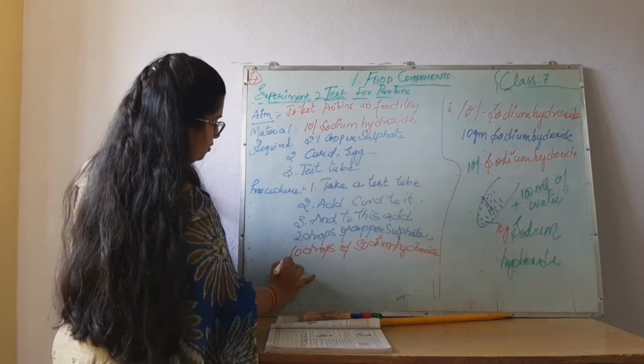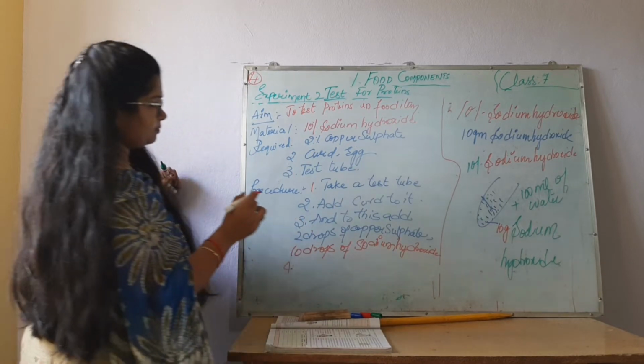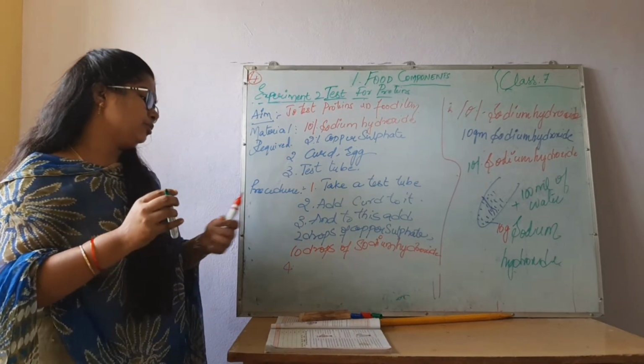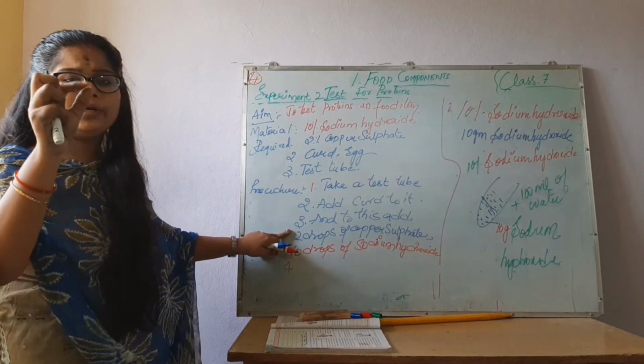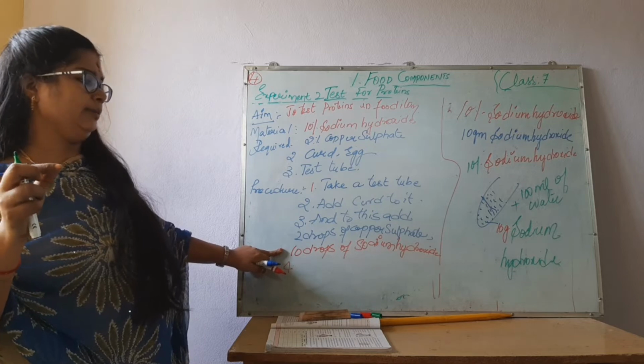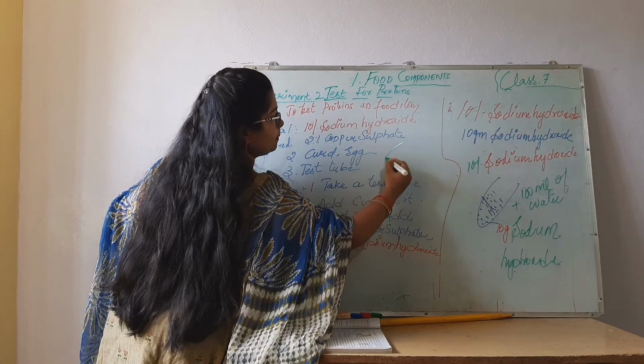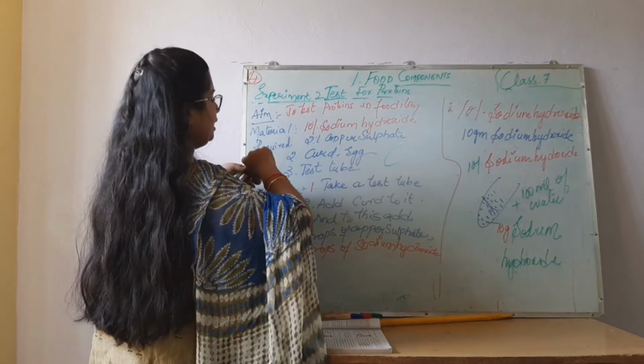Then fourth, take a test tube, add curd to it, and add 2 drops of copper sulfate solution with the dropper, and 10 drops of sodium hydroxide solution.